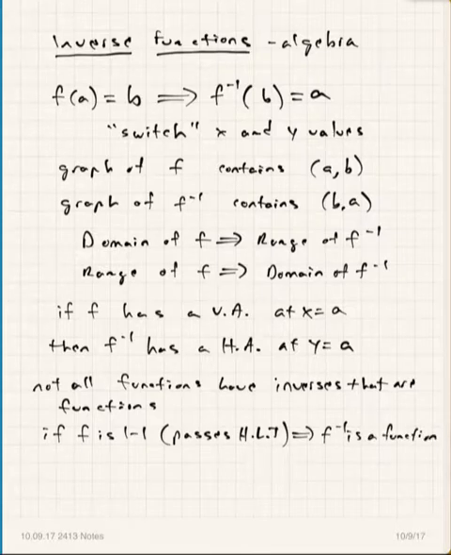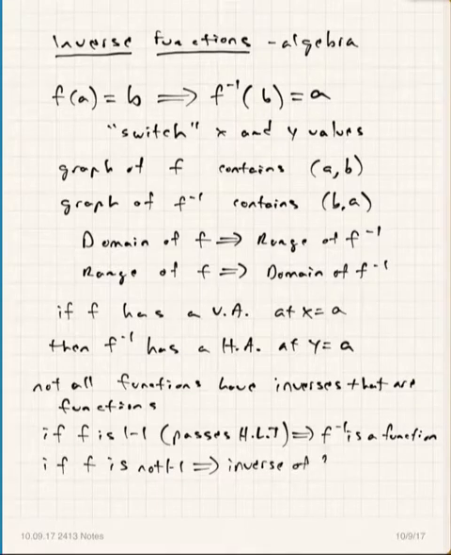And if f is not 1-to-1, in other words, its graph fails the horizontal line test, then the inverse of f is not a function.